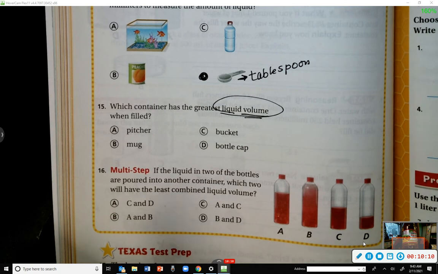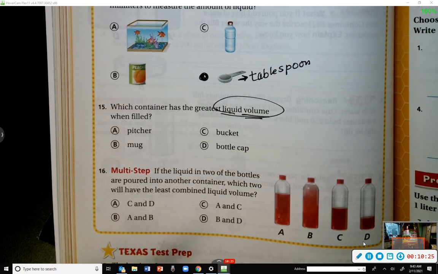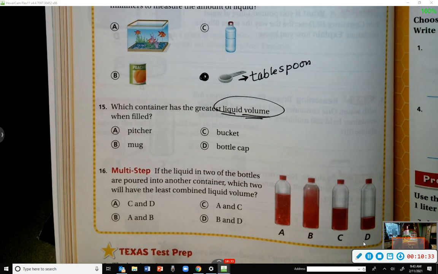How much a container can hold of liquid. So juice. What else is liquid? Bryson? Water. Coke. Soda. Apple juice. Tea, milk. So we would measure all of those liquids using volume, okay?